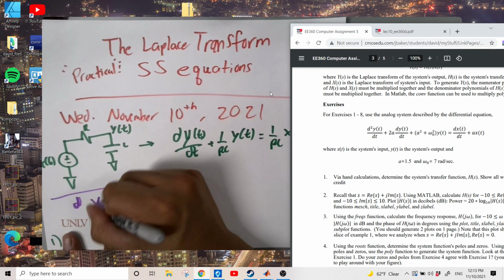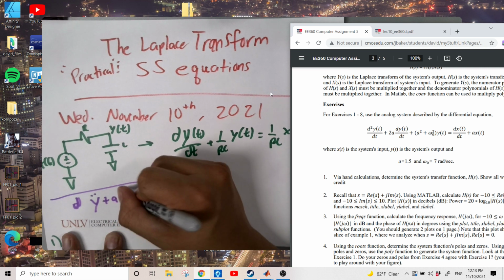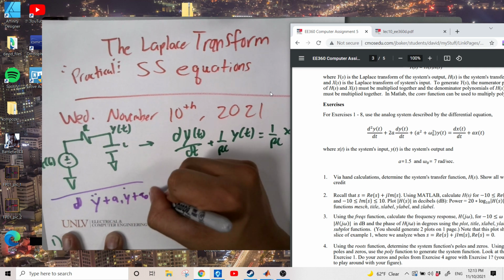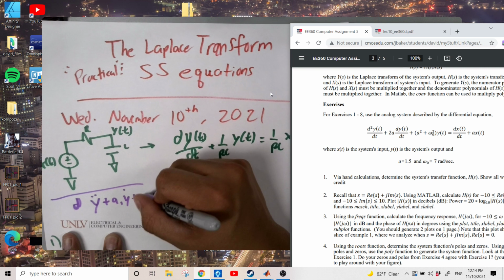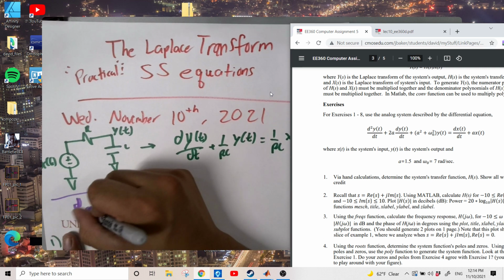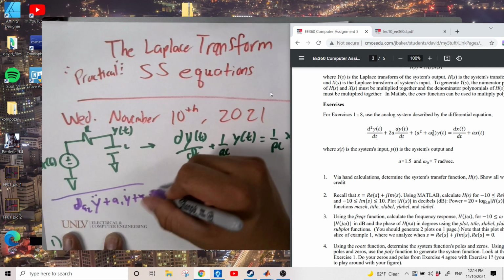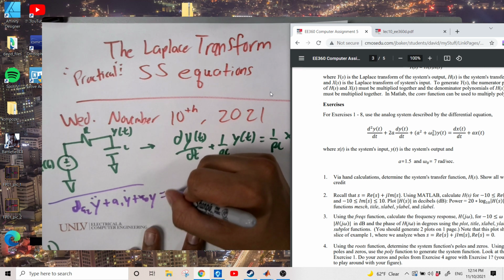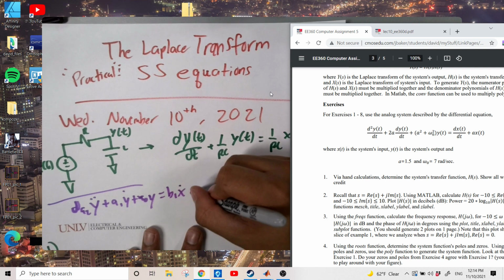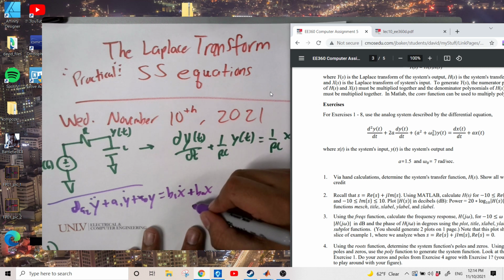I'm going to write it shorthand: y double dot plus a1 y dot plus a0 y, which is equal to b1 x dot plus b0 x. Remember this stuff right here?